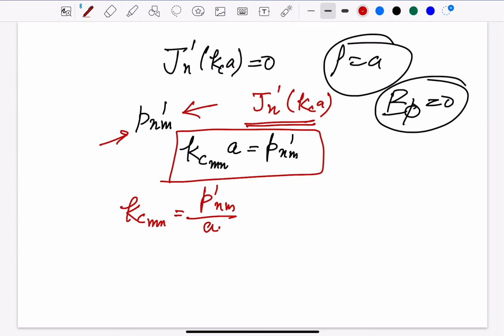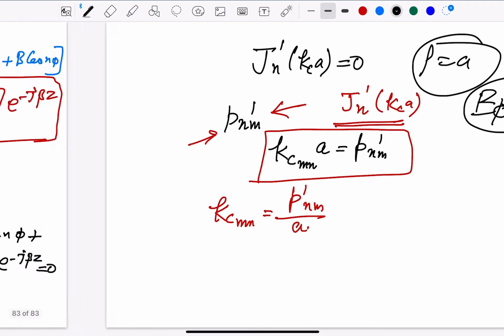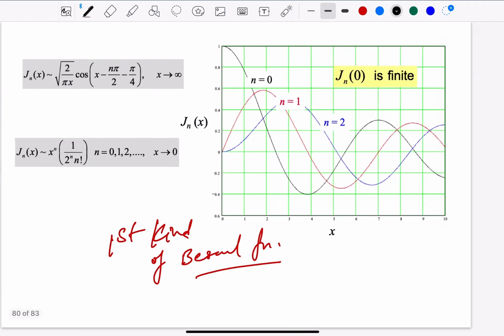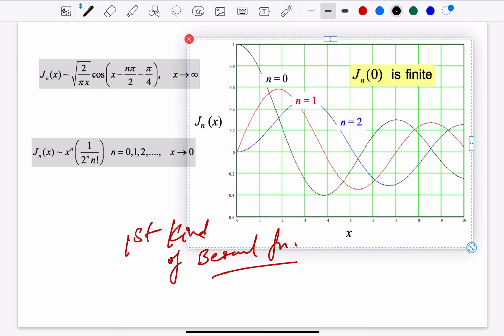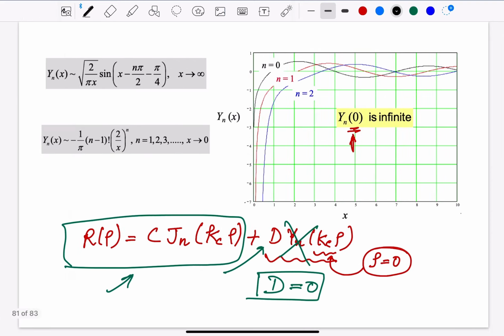Now what I'm trying to say here, if you can see this plot, let me copy.